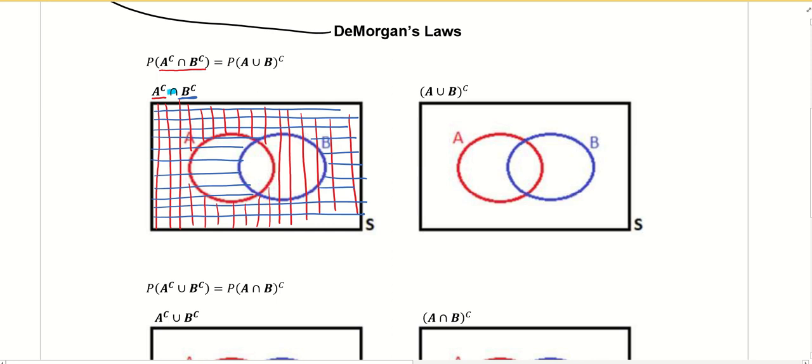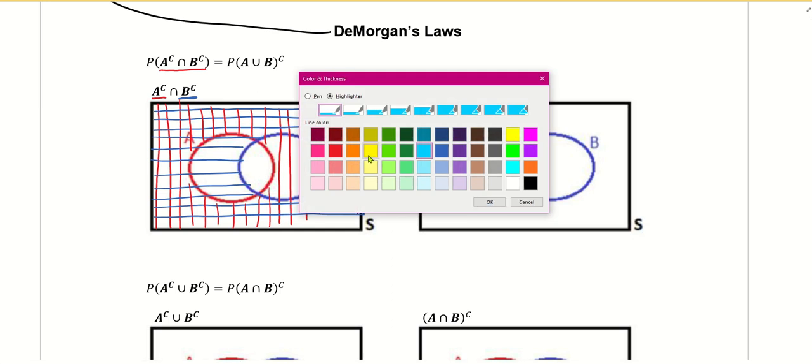Okay, so the intersection, remember, is our AND event. It's everything that's going to be in this and in this. So it's everything that's shaded both with the red and with this blue. Actually, let me switch my highlighter color so I don't get us confused with colors. Let's switch it to green for now.